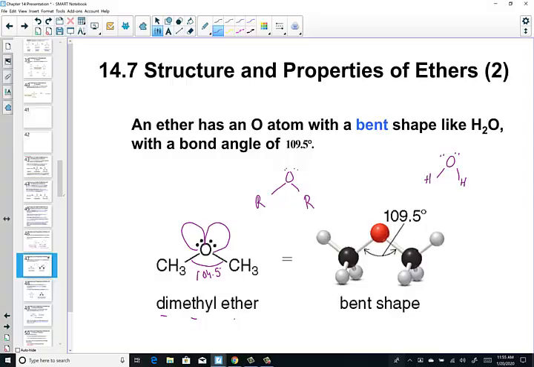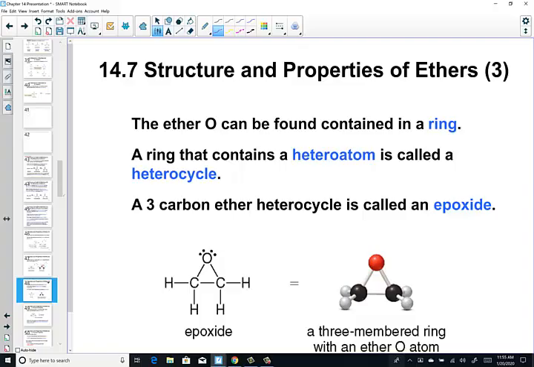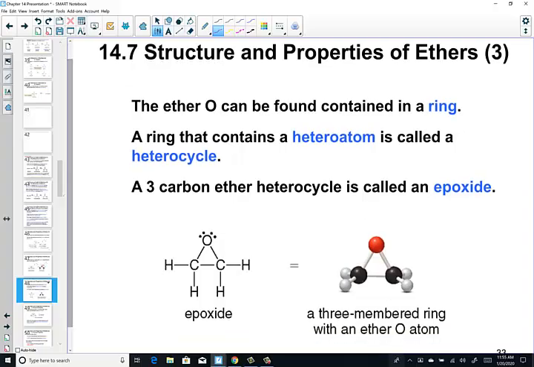So approximately 109.5, but the reality is they're going to be mushed in a little bit closer due to this rich electron density on the top of the oxygen. And we see those lone pairs create a very rich electronegativity in that region, creating a negative polar region.